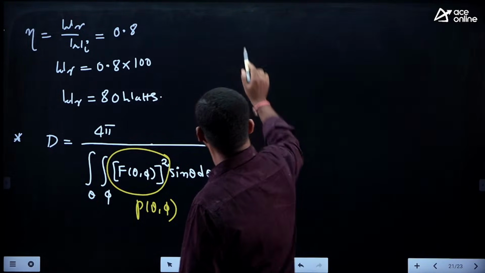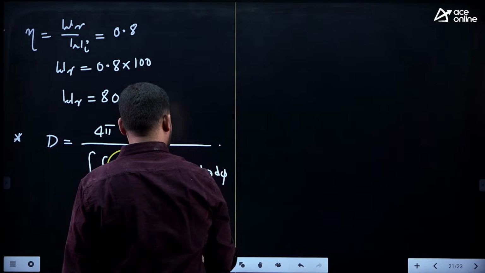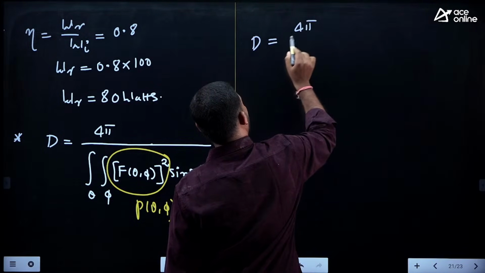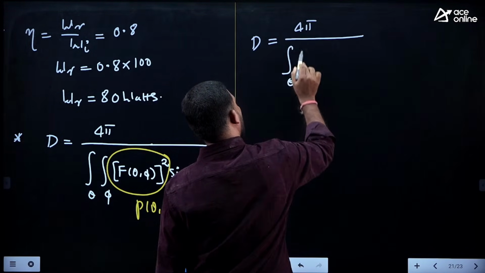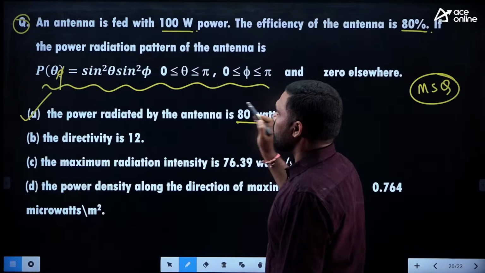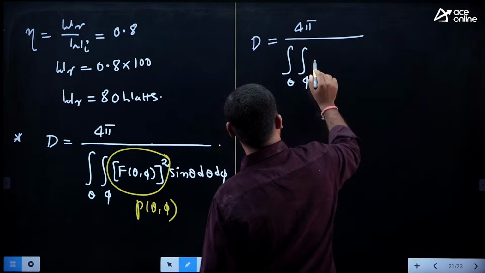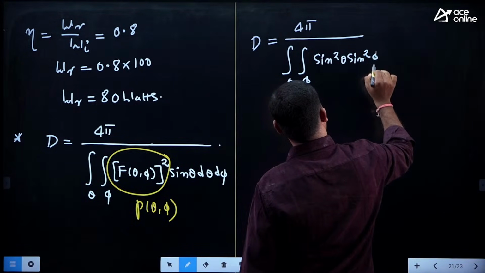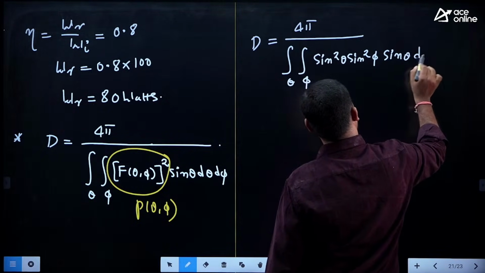So let me do that. What is the directivity D? D is equal to 4 pi divided by the integral over theta and phi. F of theta comma phi whole square is given as sin square theta sin square phi, with sin theta from the formula, d theta d phi.